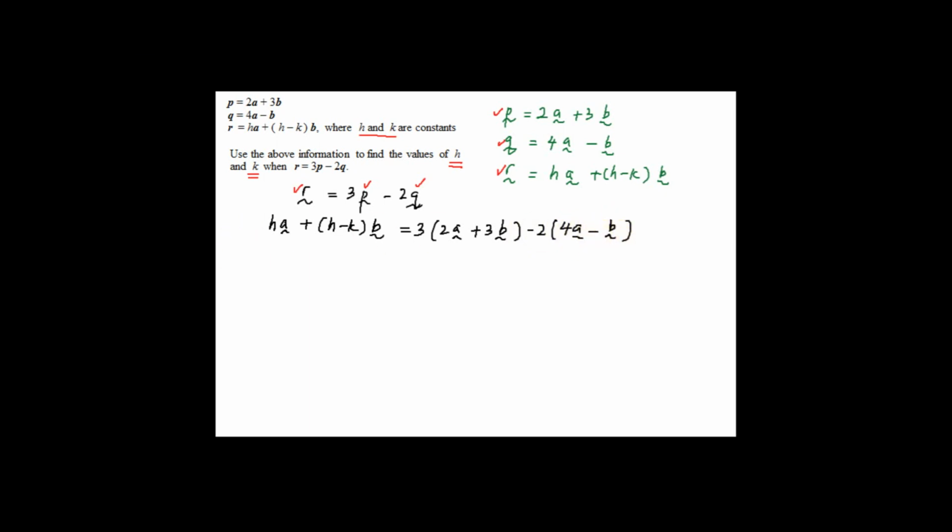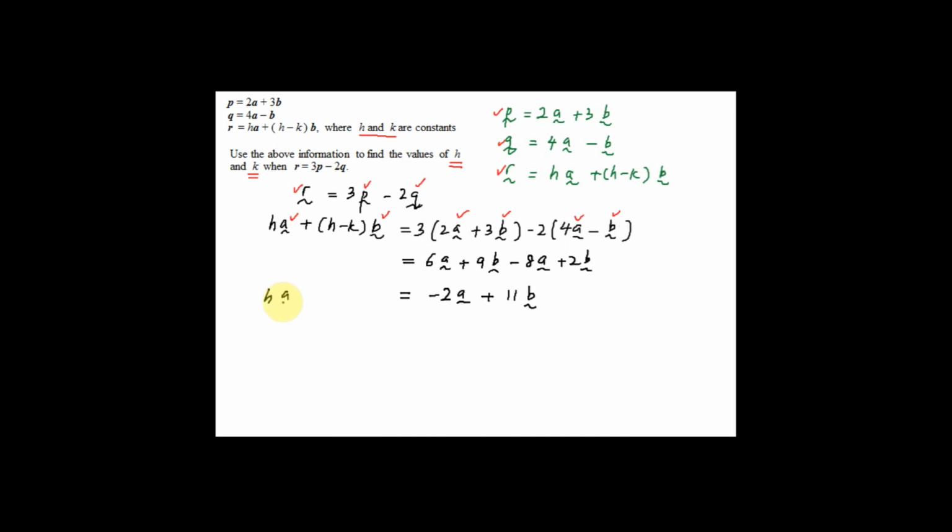Now I've reduced this to an equation which consists of two vectors, a and b only. Now I expand it. I have 6a plus 9b minus 8a plus 2b. Now I group the vector a together. 6 minus 8, I have minus 2a plus 11b.